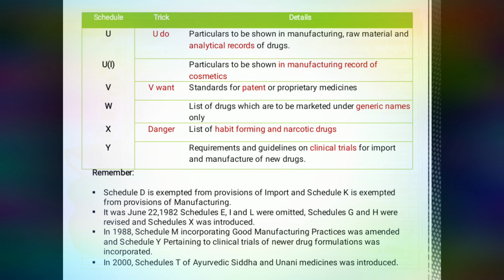In 1988, Schedule M incorporating good manufacturing practices was amended and Schedule Y, that is pertaining to clinical trials of new drug formulations, was incorporated. In 2000, Schedule T of Ayurveda, Siddha and Unani medicine was introduced.